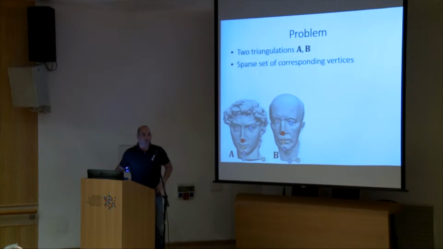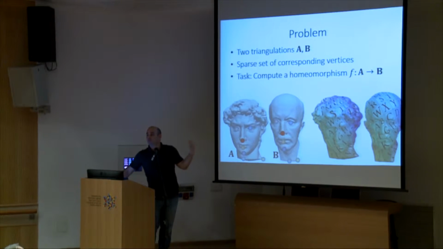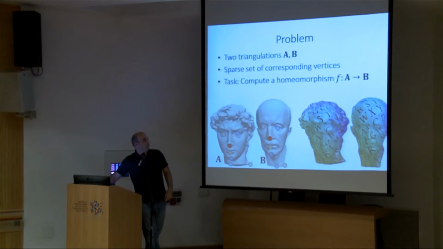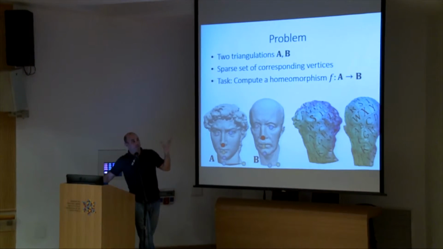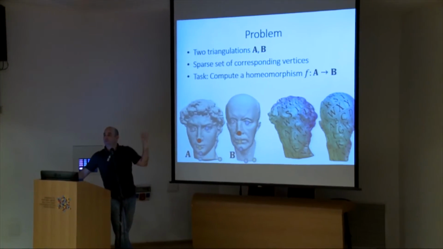Our task is to compute a map which is a homeomorphism, which in this context is a one-to-one, onto map between the two surfaces, which is continuous, and the inverse is continuous. But the mathematics is not very important because we're just going to use simplicial finite stuff.